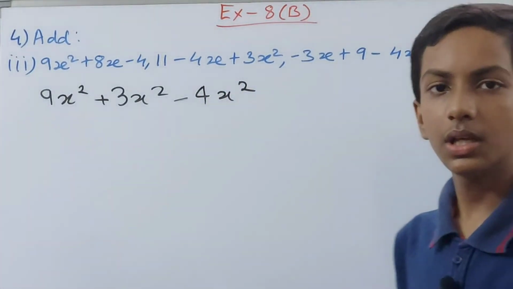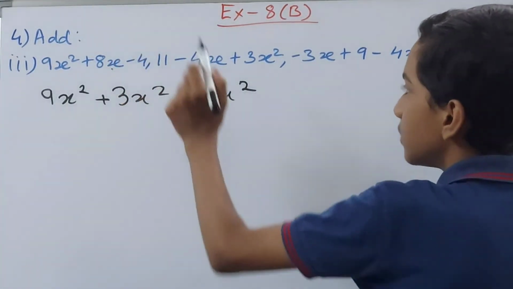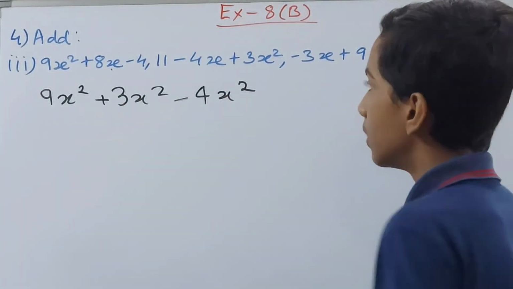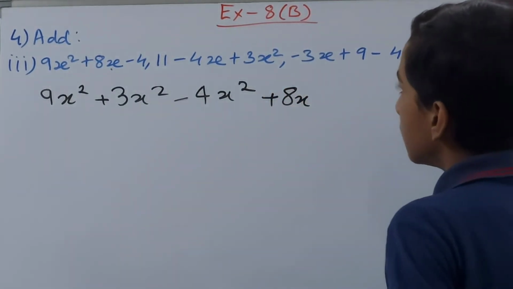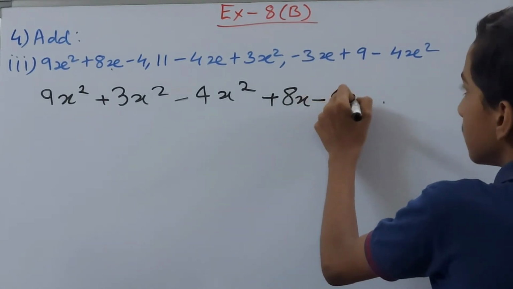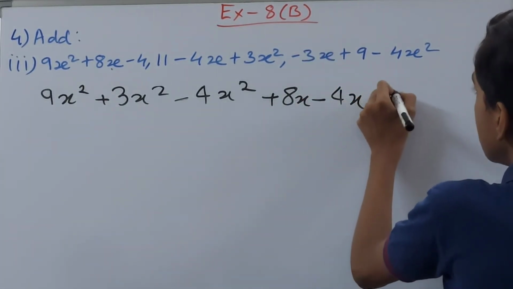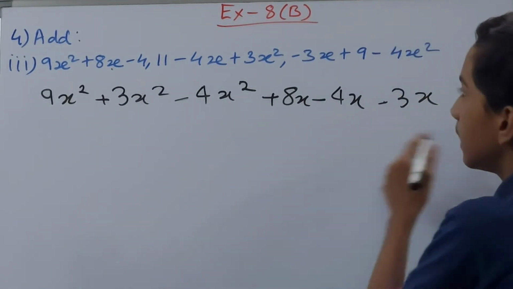Alright, now we have the terms with x in their variable part. So first one is plus 8x, alright, and second is minus 4x, then we have minus 3x, right? This, and any other terms?